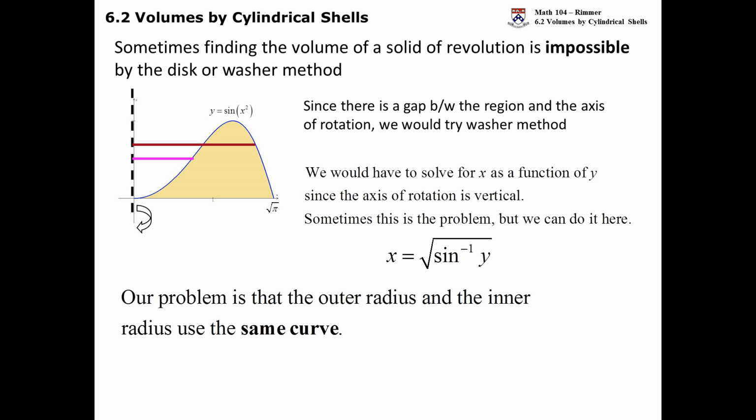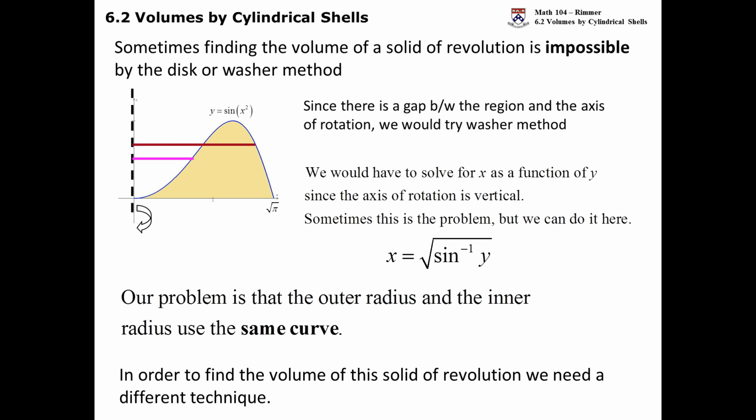This distance off of the y-axis is x. And so they both are going to x equals the arc sine of y underneath a root. And so if we were to set up washer, we would have an issue because of that.